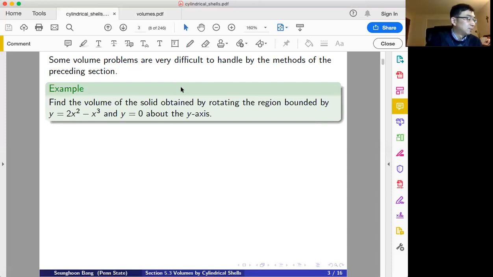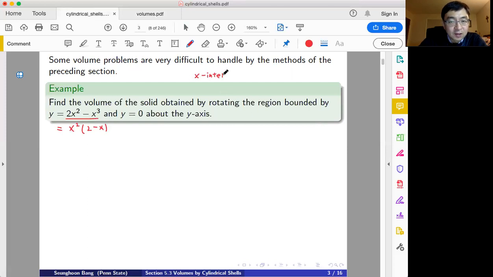So let me see. First, you can sketch the graph. You can factor: x squared times (2 minus x).